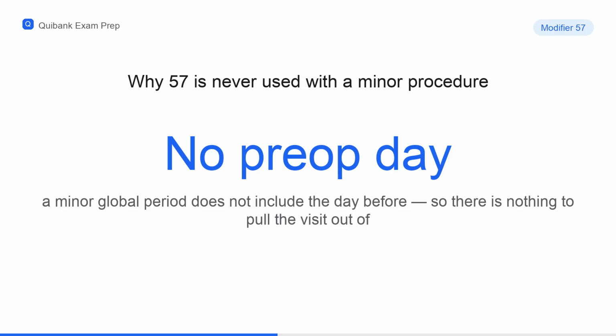And this is why 57 is never used with minor procedures. A minor procedure's global period does not include the day before, so there is nothing to pull the visit out of. If the procedure is minor, your same-day modifier is 25. If it is major, it is 57. That is the whole distinction, and it is the most common mix-up on this topic.